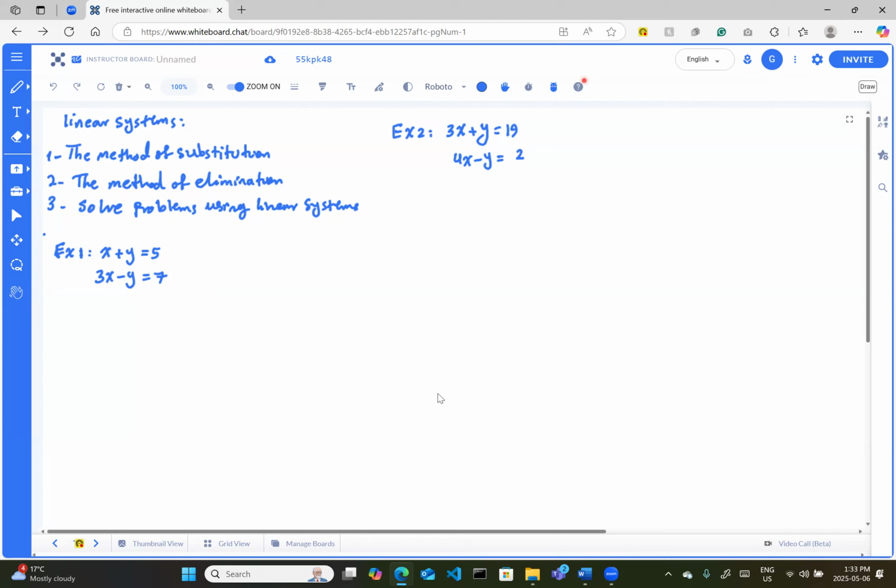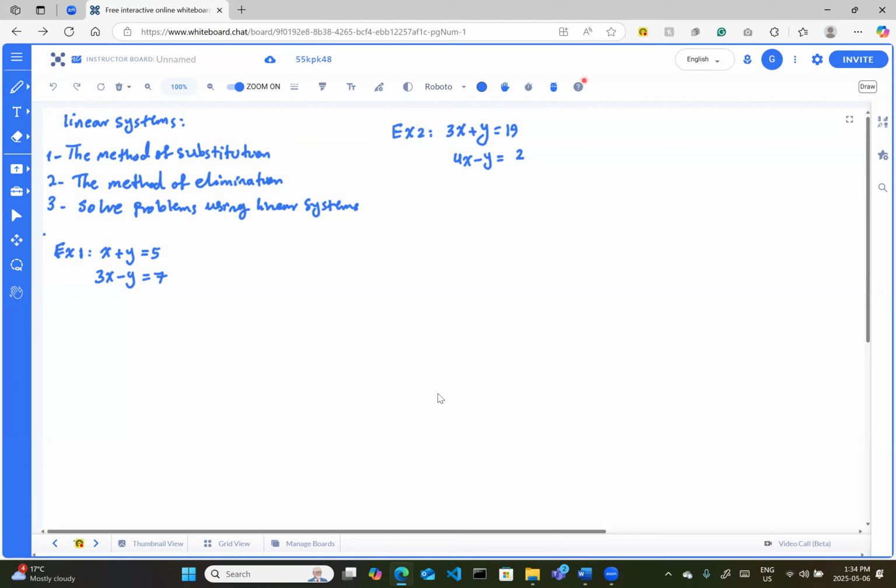Today we're going to start the first chapter of Principles of Mathematics 10 for grade 10 students of high school. And we're going to start with the linear systems, which is the first chapter in textbooks like the McGraw-Hill Ryerson textbook.